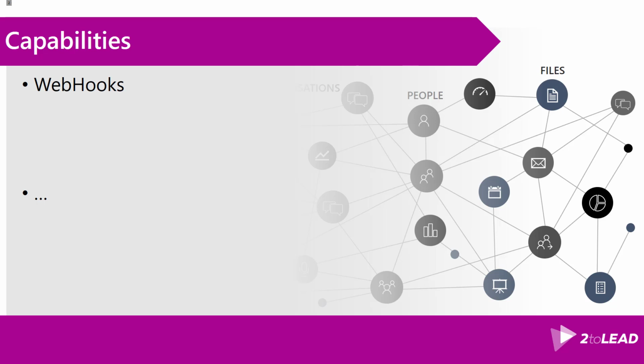And when you subscribe to that, and we'll demonstrate that later on, your API is going to be notified with some data to go back and look at what exactly the change was, and you'll be able to take actions programmatically. OData. OData is a standard that's been around for a while now, and that allows you to do some data manipulation, things like selecting, filtering, projecting data. Also counting, paging, batching the requests, and so on.